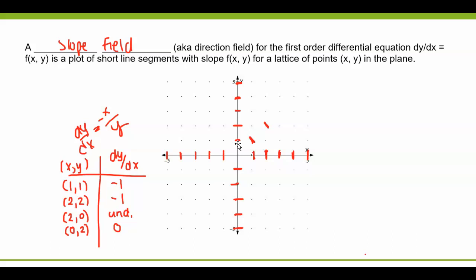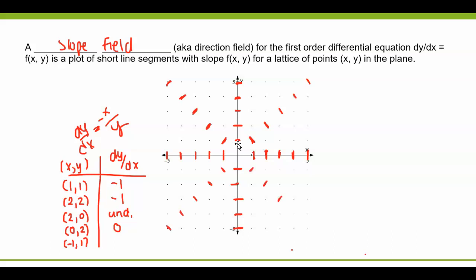Anytime the numbers are the same, your slope will be negative 1 in this direction. If you did your opposite points, so let's say you pick (negative 1, 1), well, now you have negative, negative, so you get a positive, so these would have positive 1 slopes. And the idea is that you could continue to construct a slope field for every point on your graph.